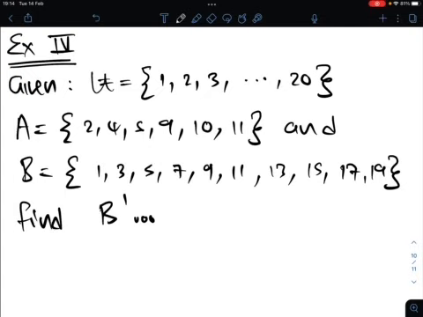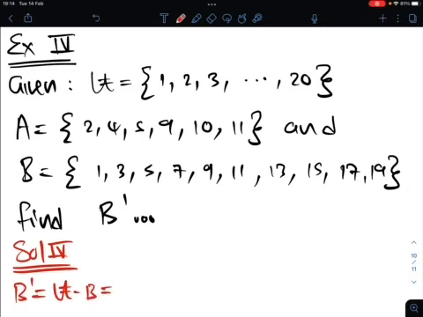To get B complement, this is how we proceed. First, we know that B complement means the universal set subtracting B. Which means I have to write everything that is inside the universal set, but I must make sure that everything I write is not in B. If you look at what is in B, you will see that B has all the odd numbers.